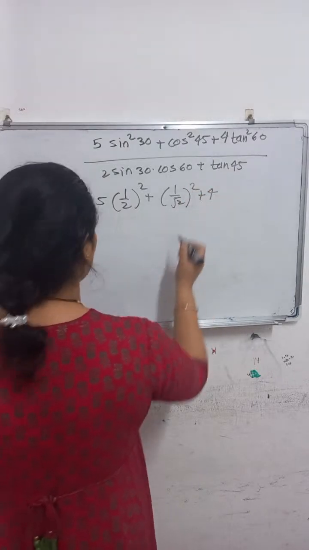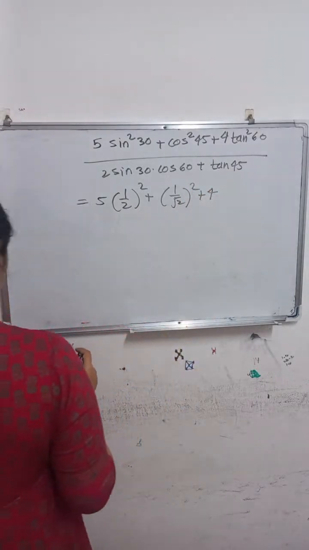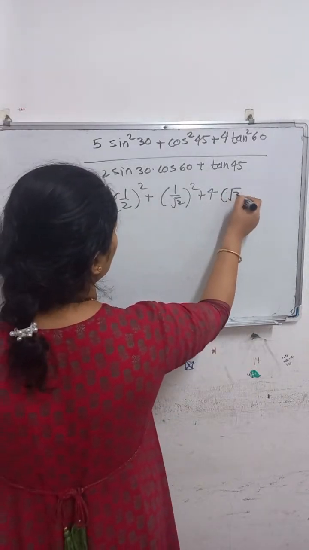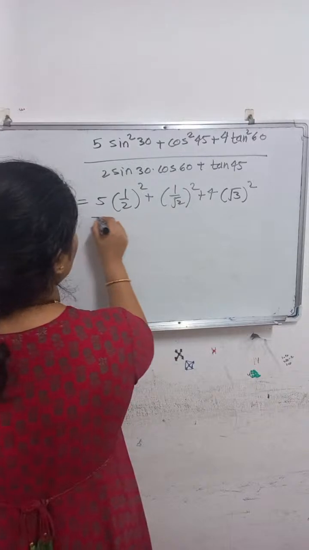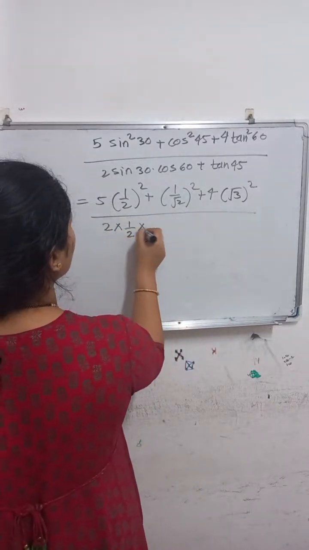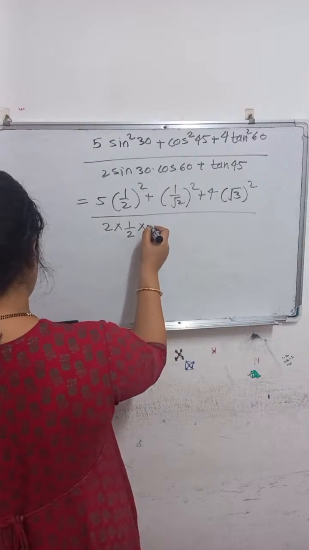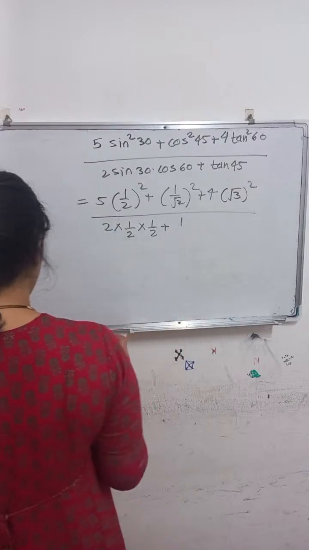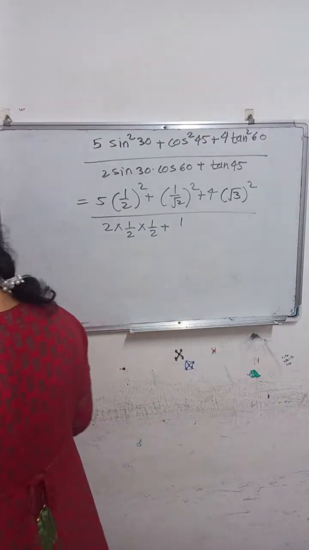Then 4, we have tan square 60, which is nothing but root 3 square, divided by 2 into sine 30 is half, cos 60 is also half, plus tan 45 is 1. Now simplify this.